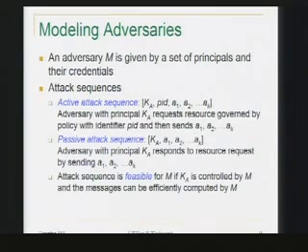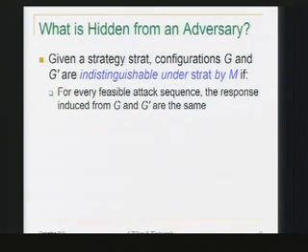Now, not all attack sequences are feasible because the attack sequence is going to use credentials, and we need to include an assumption that says he doesn't forge credentials, that's not realistic. So we just say that an attack sequence is feasible for M if the messages can be efficiently computed by M. Now, what information is effectively hidden from an adversary? We assume that all he can see is the negotiation.